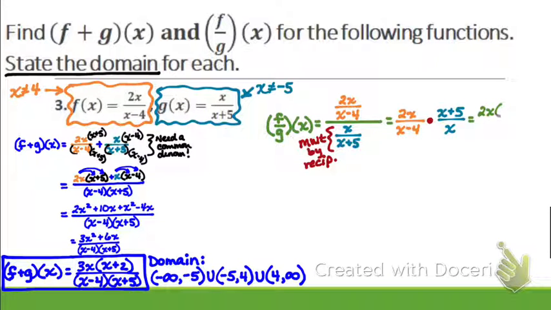I'm going to leave this in factored form, at least for right now, to make sure that we get this reduced as we need to. Will any of those pieces cancel? The 2 won't cancel, but the x's will.